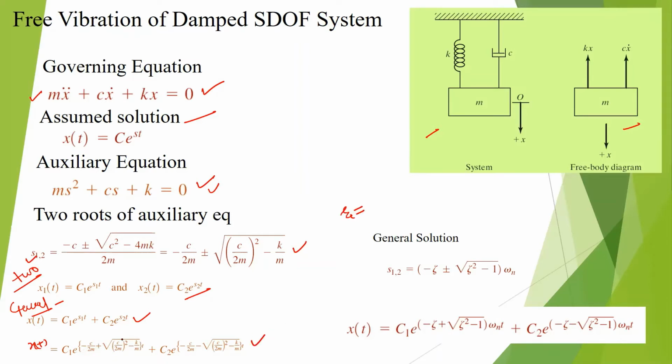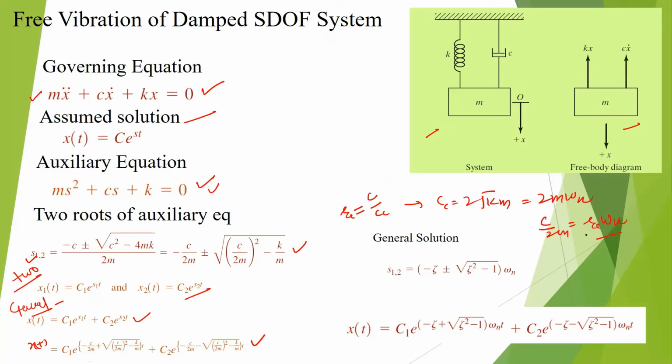From here we defined the damping ratio zeta equals C over Cc. Cc is the critical damping coefficient, which is given by 2 square root of Km, or 2m omega n. So C over 2m can be converted into the form of zeta, and this becomes zeta omega n.